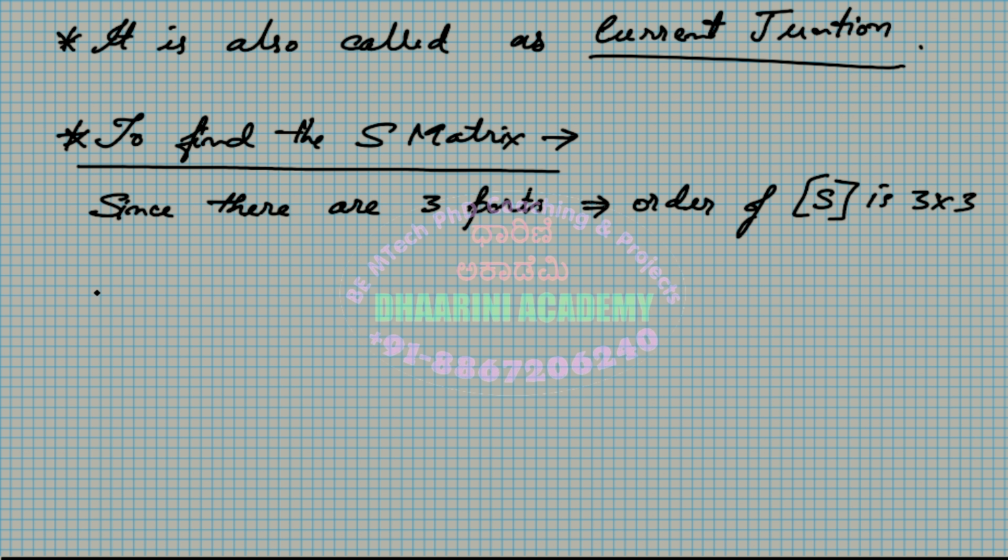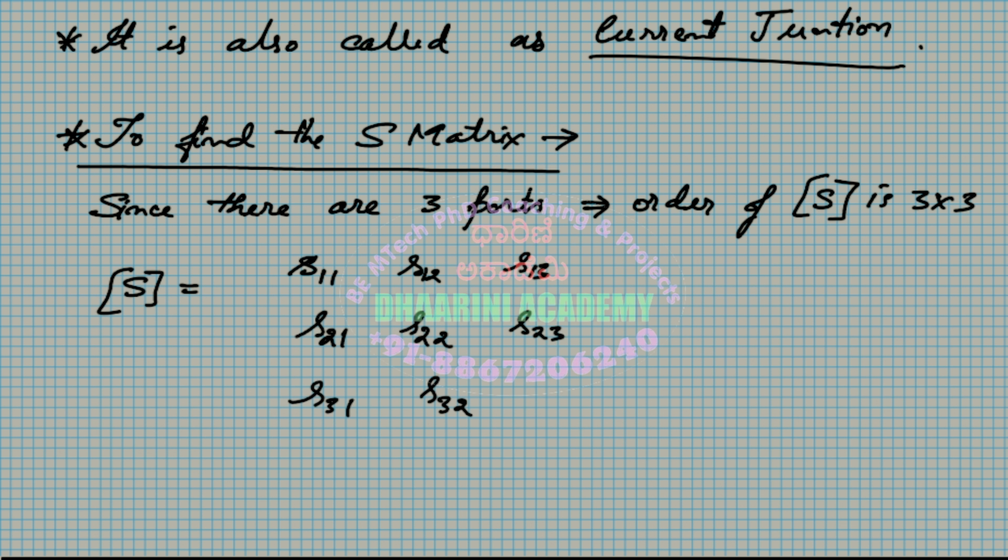So let us start with the S matrix. What do you expect? I should have S11, S12, S13, S21, S22, S23, S31, S32, and S33. This is the required matrix.